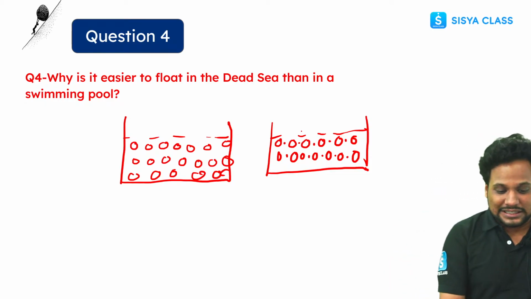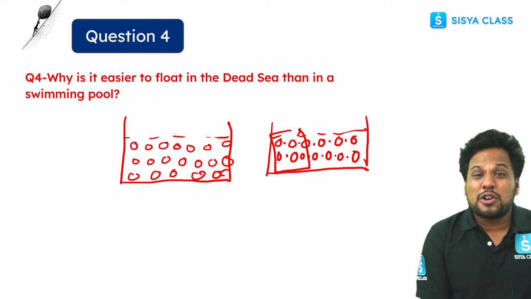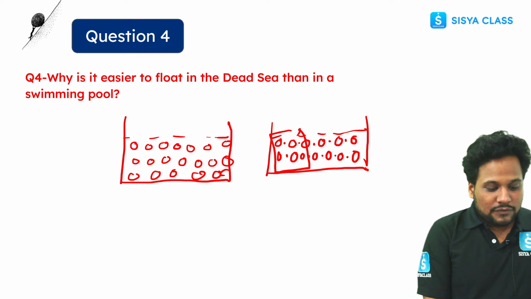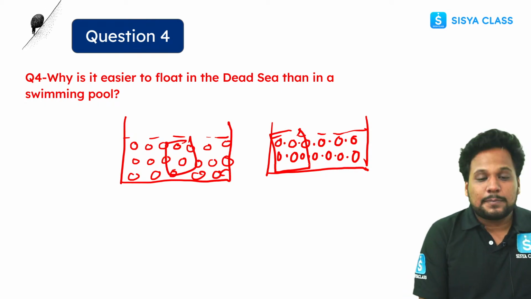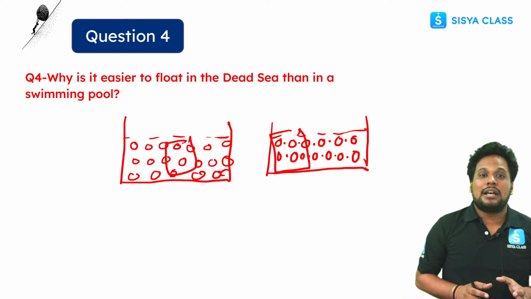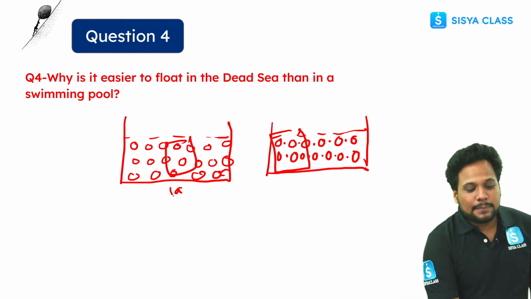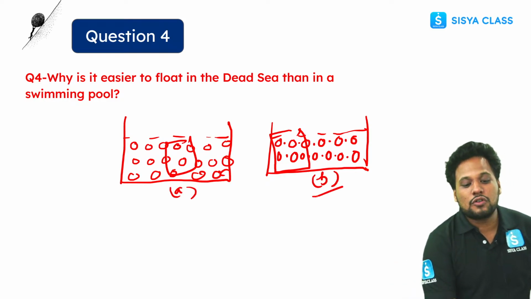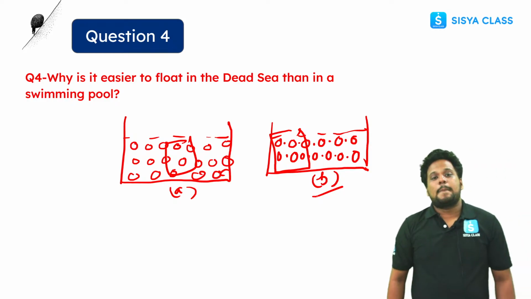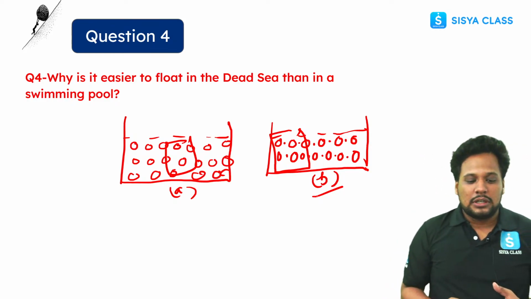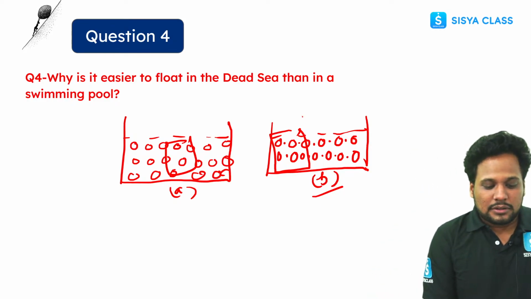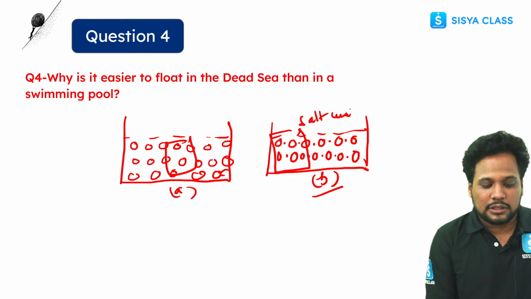So if you'll see in this part compared to this part, for sure the mass is greater now, right? And because of which any object is going to float in the salt water. This is clear now?